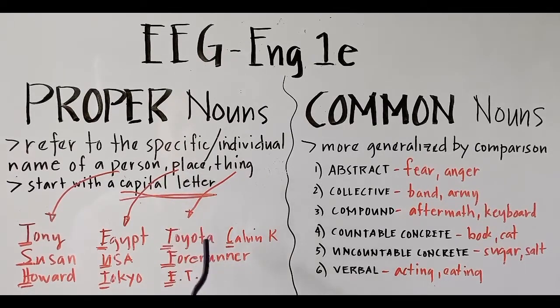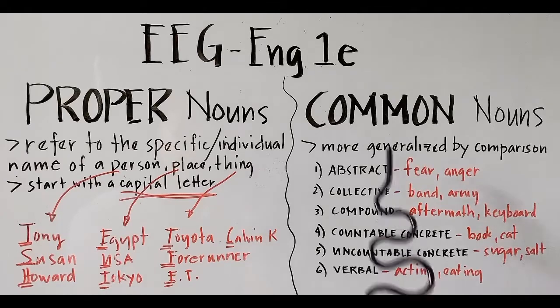Toyota, Forerunner, ET, Calvin Klein, they all are particular names of things. They all start with capital letters, while the common nouns start with small letters only.